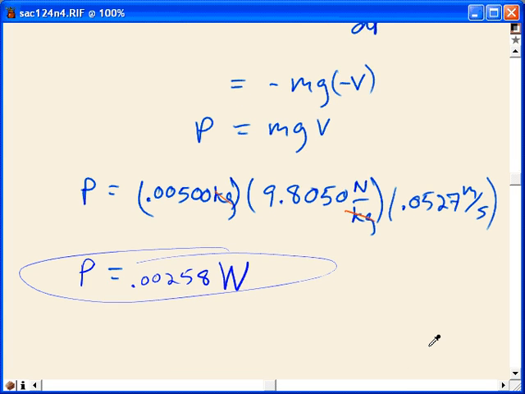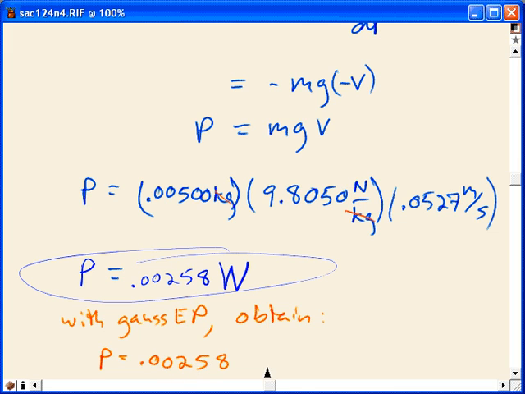So with GUM CP, I obtain P is equal to 0.00258 plus or minus 0.00027.